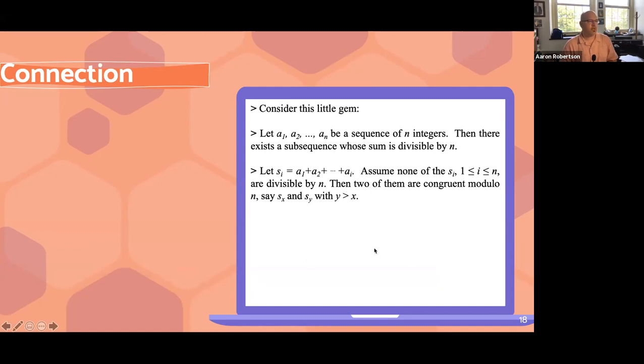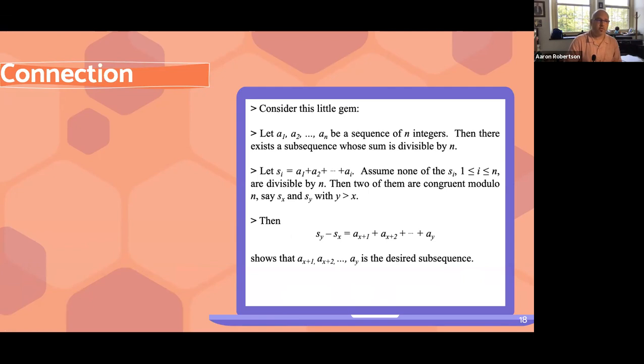And if we assume none of them are divisible by n, then two of them are congruent mod n, so that their difference is divisible by n, and we have our answer. So we can actually take the subsequence to be consecutive terms. There are some consecutive terms that are divisible by n when we sum them. So this is from the area of zero-sum Ramsey theory.